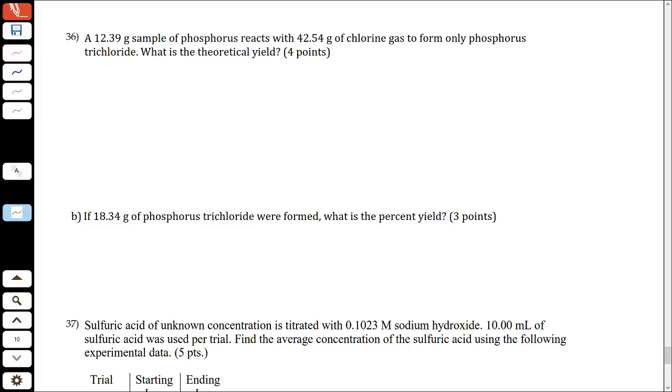So you have to write the equation, figure out that there is no limiting reactant, and then you can calculate the theoretical yield of PCl3, which is just those two masses added together. For the second part, you divide 18.34 by that, which gives you the percent yield. In B, yeah.